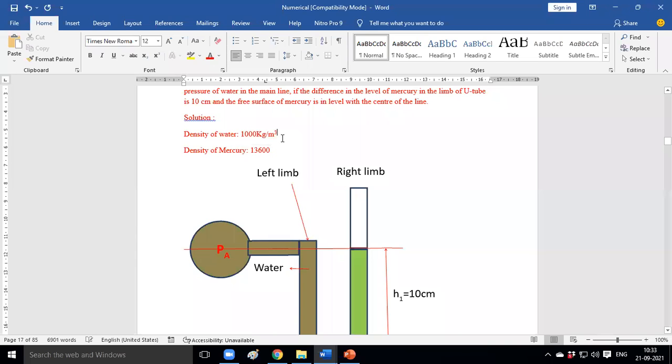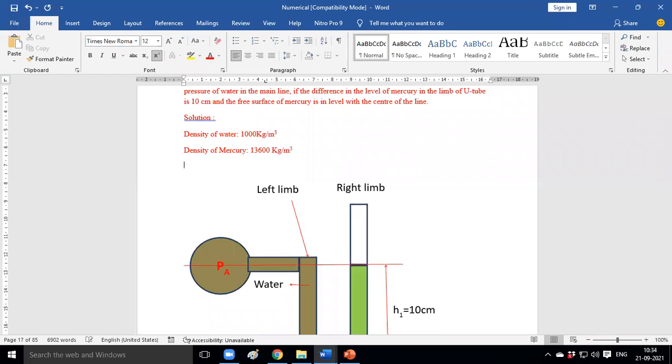We already discussed a numerical based on this yesterday, right? Yes, sir. So also tell me, what is the value of specific gravity of mercury? Its value is 13.6, correct. What is the unit?